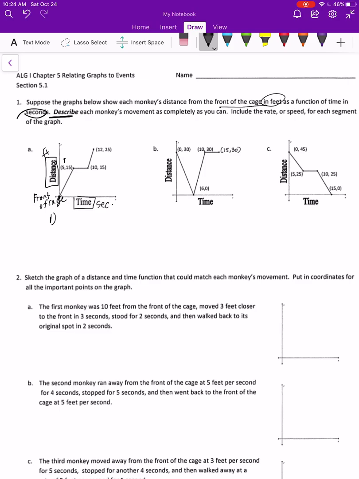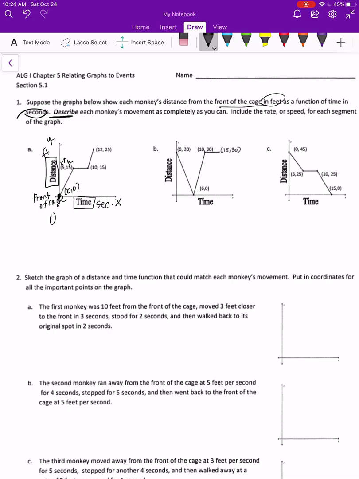So what's happening here? Well, X is time in seconds. So this X here is 5. And then the feet, our distance is Y, and this of course is our Y. So the monkey started right here at 0, 0. This was 0, 0, so that means the monkey was at the front of the cage.